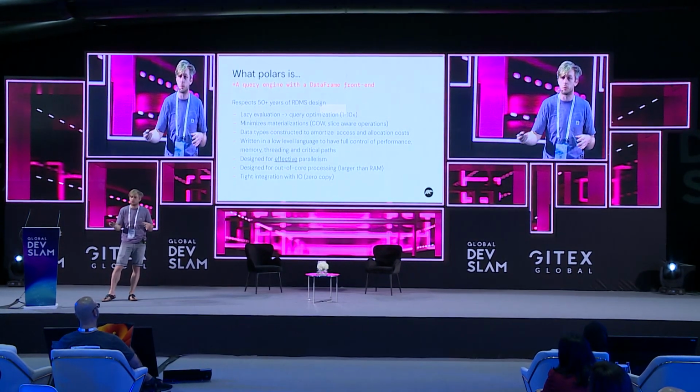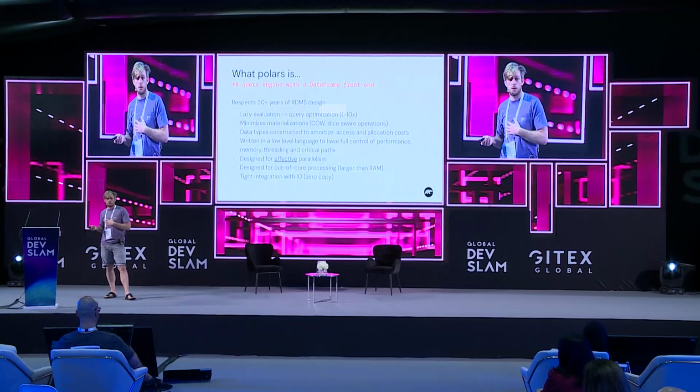No, we make our operations slice aware. We have data types which are constructed to amortize access and allocation cost. It's a bit technical, but for instance, if you allocate strings, you don't want to do a heap allocation every time you allocate a new string. This would be very slow and would also be very cache inefficient. Every time you would access that string, you would have a cache miss, which would be super slow.